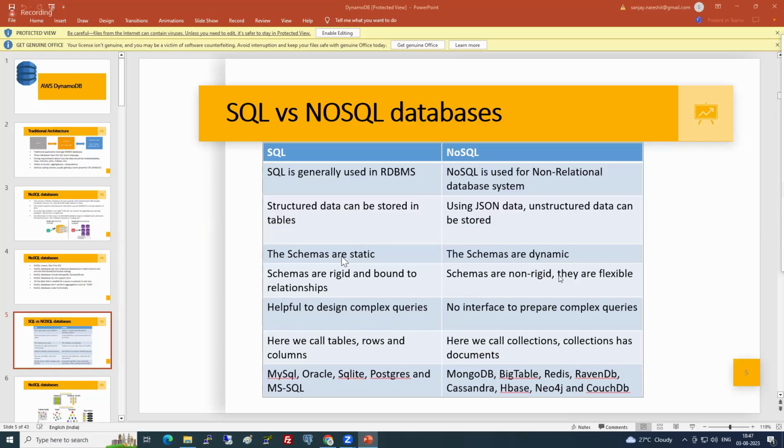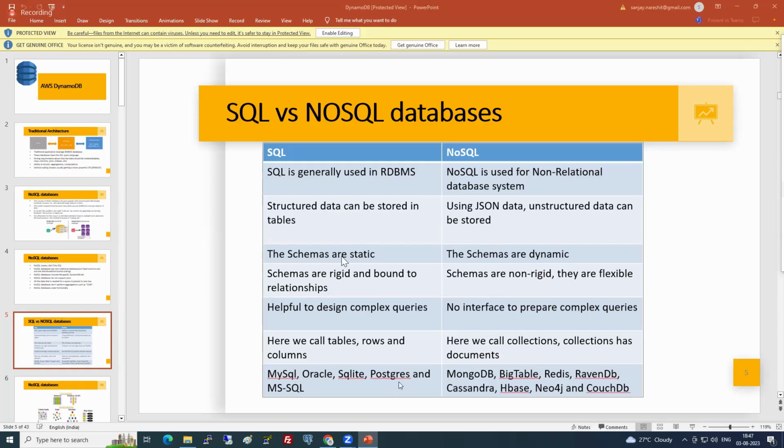Anytime you can go and add or remove everything. SQL is designed for complex queries, whereas NoSQL is not. Here we call them columns, tables, rows, but in NoSQL we call them collections and documents.